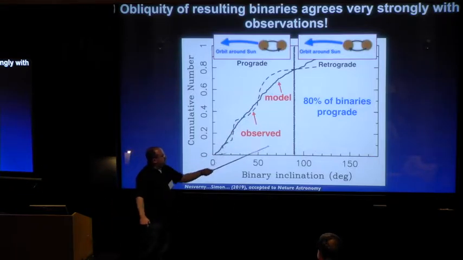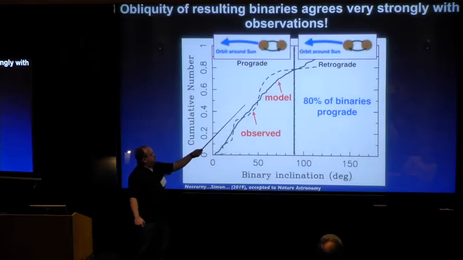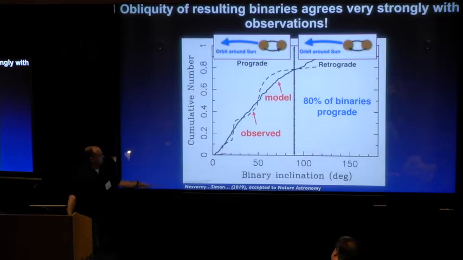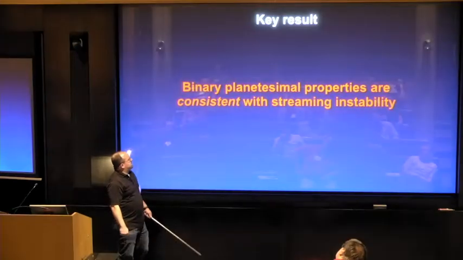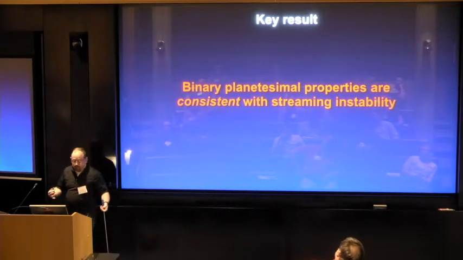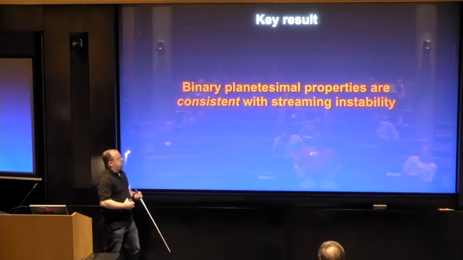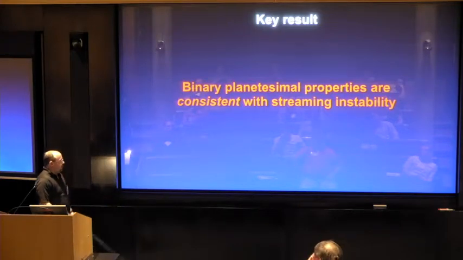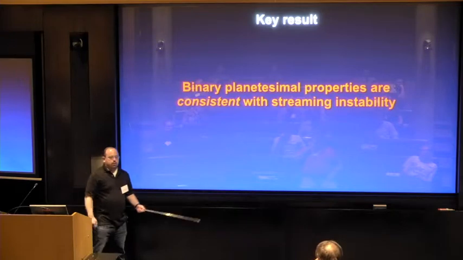And within that prograde population, it's very widely spread over this inclination distribution. That's an interesting result because it suggests that, at least for the streaming instability, binary planetesimal properties are very consistent with what is observed. Some more work needs to be done there as well, but that's the main point.